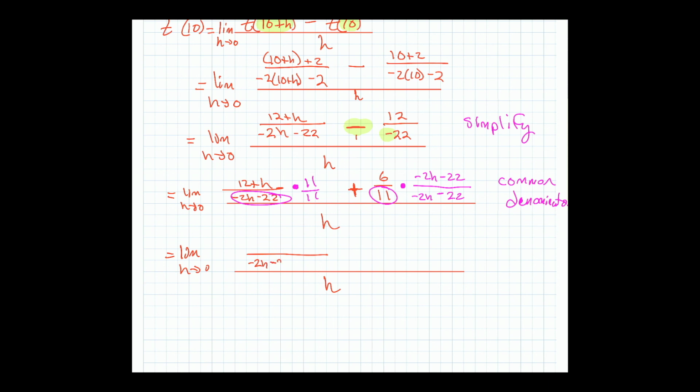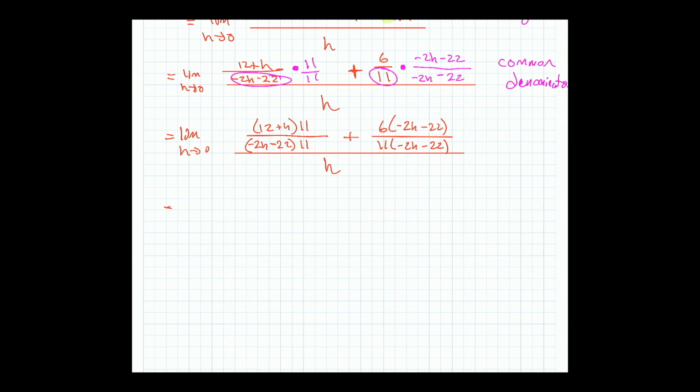Negative 2h minus 22 times 11, and then on top you have 12 plus h times 11, and then plus the fraction here, 11 times negative 2h minus 22, and on top 6 times negative 2h minus 22. All right. Now that we have a common denominator, we can add these fractions.